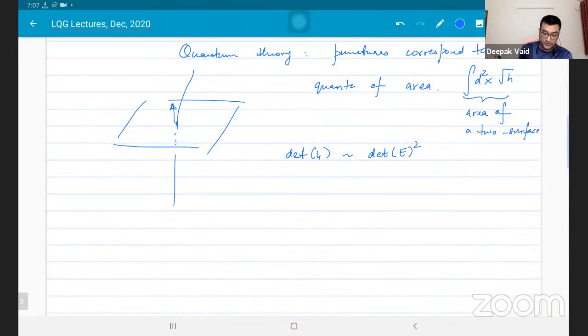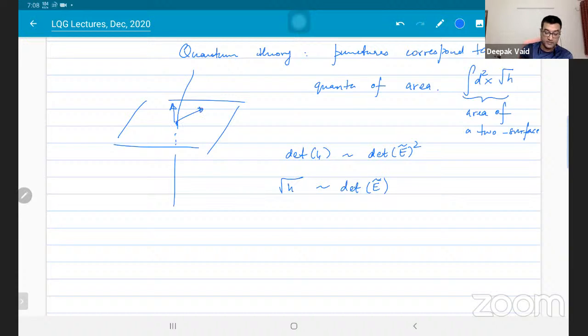So if you ask what this determinant of the metric H is, it goes as the determinant of these densitized co-triads. But now you're looking at a two-dimensional surface, and when you calculate this determinant, you are actually calculating the determinant of a dyad, not a triad.